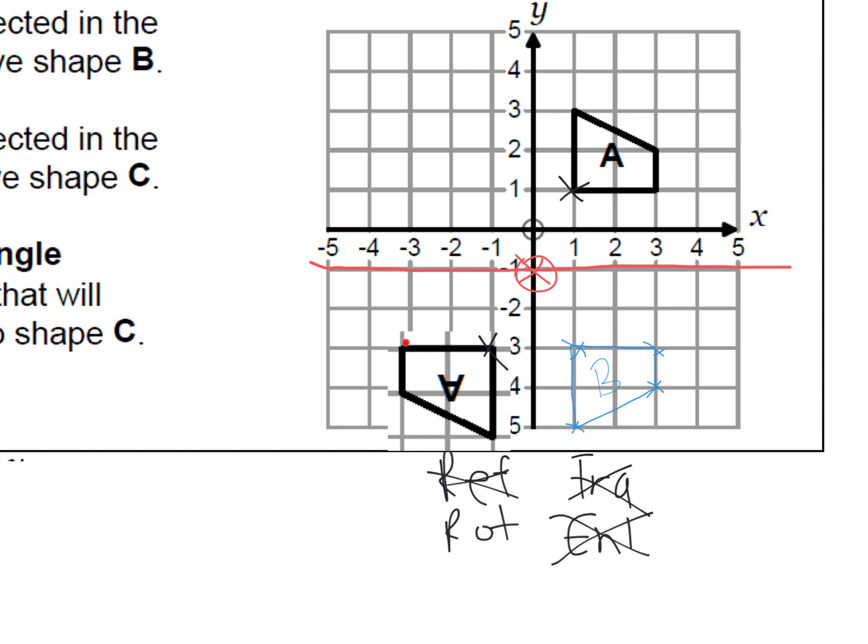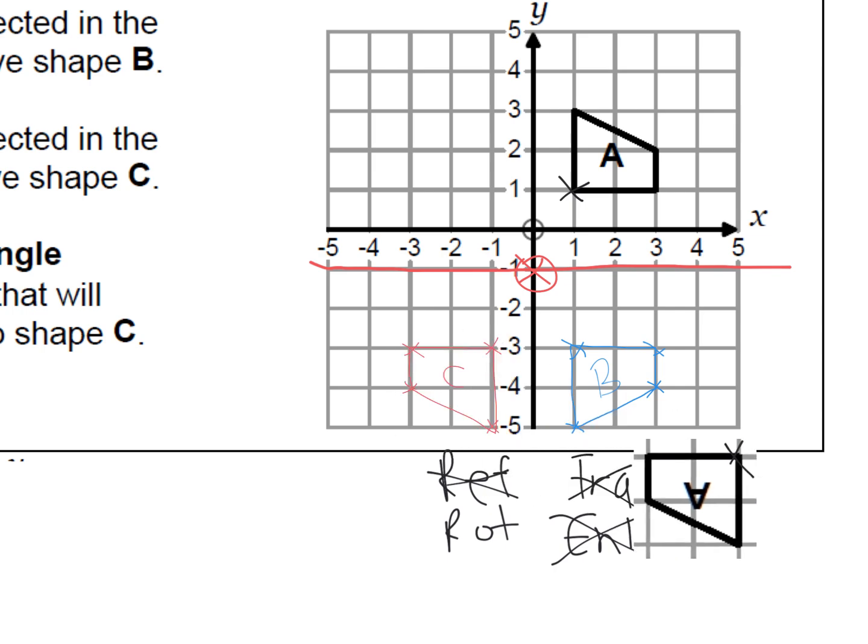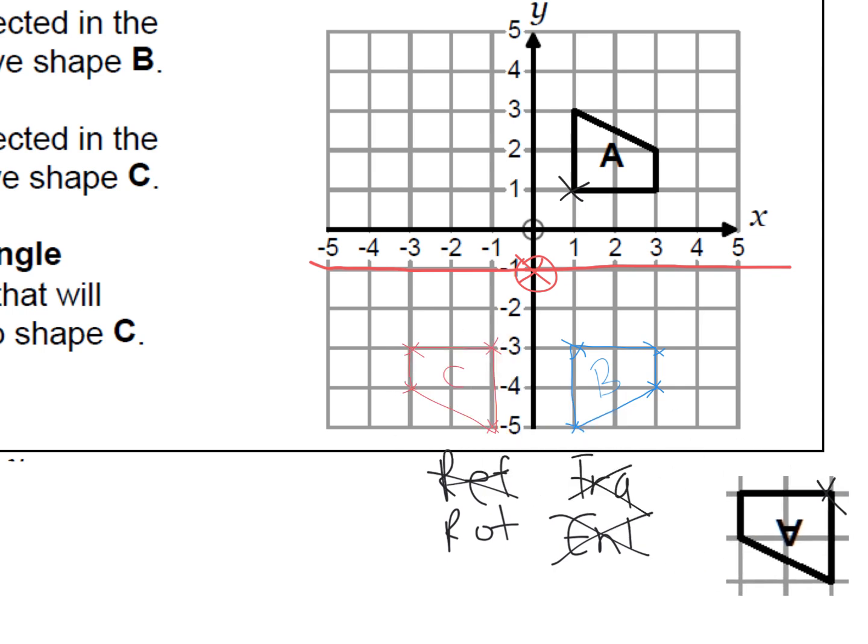And if you check this point here with this point as well, that also makes sense, that it's equal distance away, equal distance away, and equal distance away. That's perfect. Now, if you find that method of equal distance away quite difficult, you're probably best just picking a point, trace around A, rotate it, keep moving this point until you can get A to become over here until you get C, would be my advice.